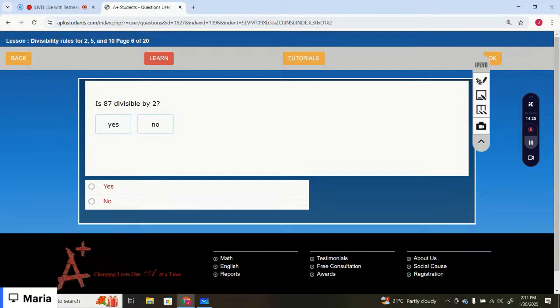Is 87 divisible by 2? No, 87 is not divisible by 2 because the ones digit is not an even number. Is 90 divisible by 5?